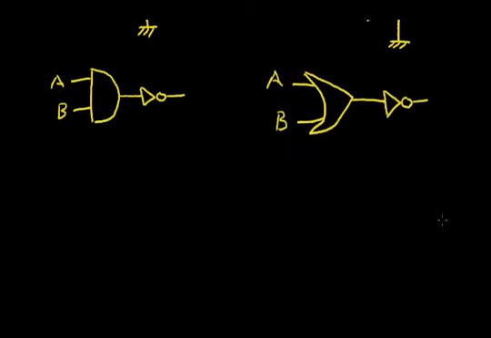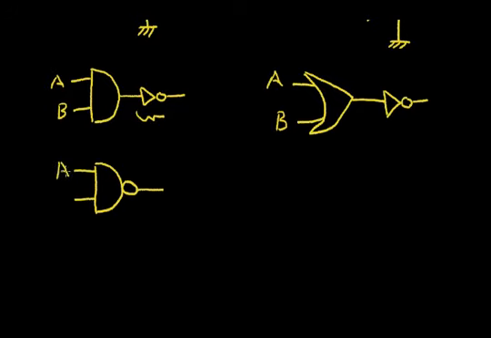Now this is a rather complex symbol, so in reality we can simplify this symbol, and we'll just put a bubble. Rather than drawing the entire inverter here, we'll just put a bubble, and now this becomes a conventional NAND gate symbol.